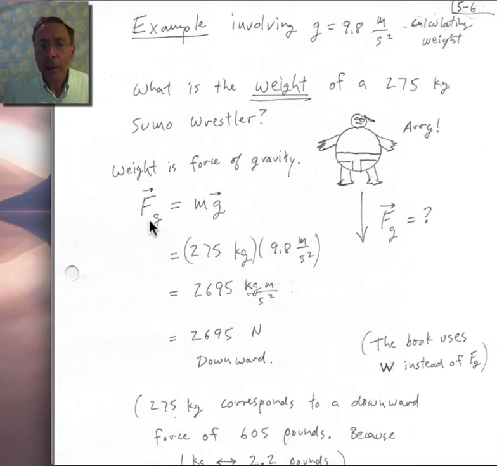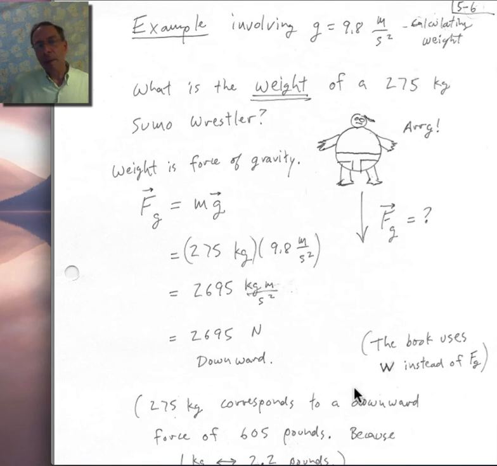Now, I like to use F sub G to mean the force of gravity, which means the weight. However, our book likes to use the letter W, W for weight. I mean, that's okay.